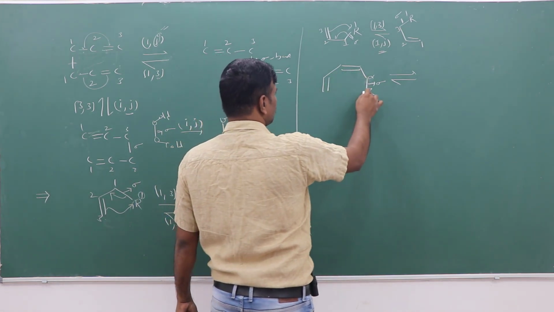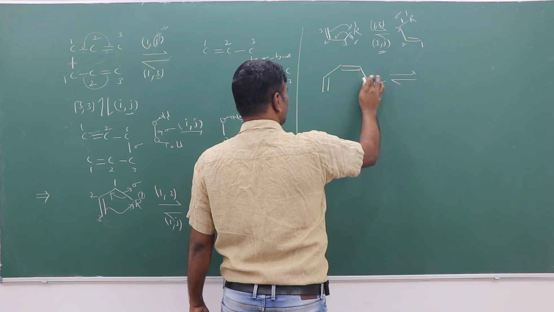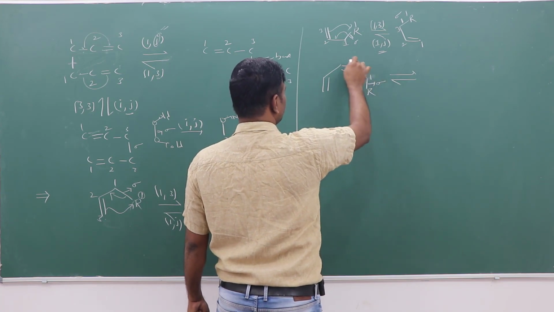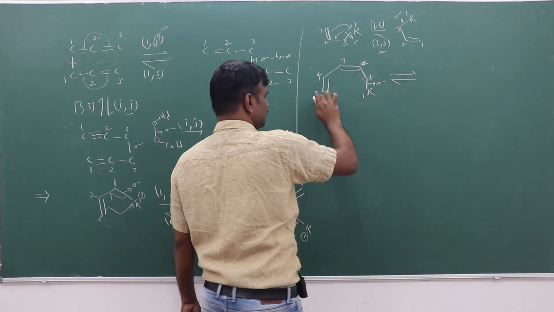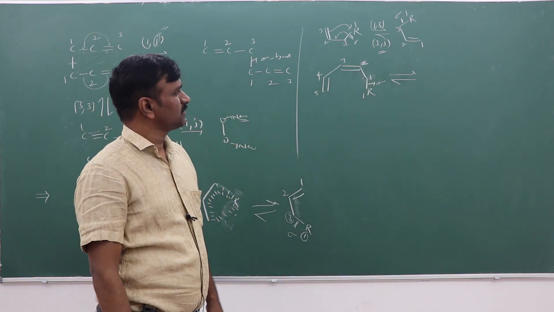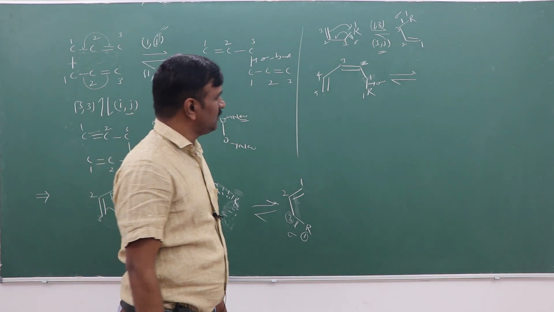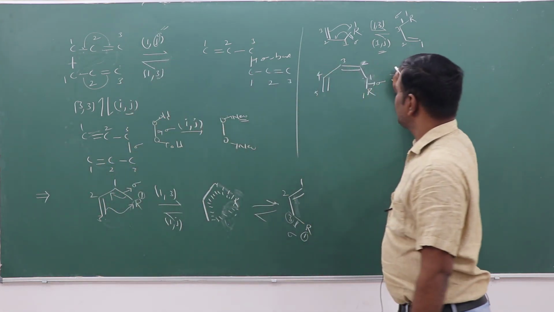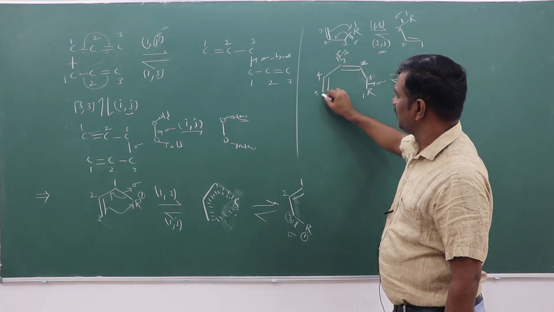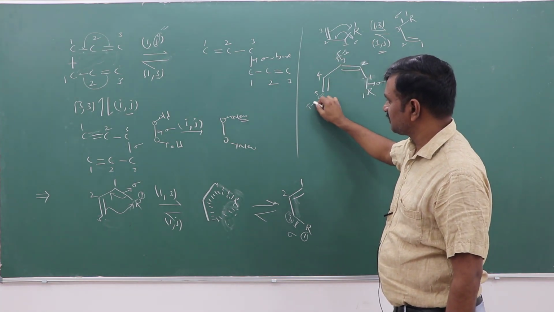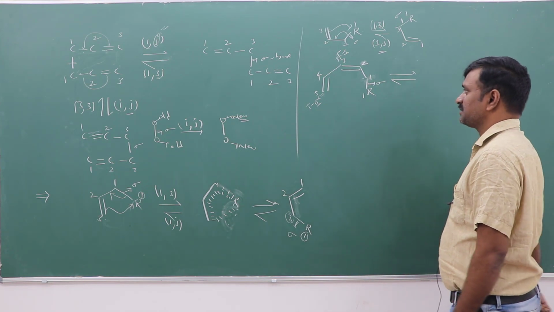So both ends get the 1-1 numbering for the migrating sigma bond, continuing till the end of the unsaturation. Here the unsaturation ends. There are two termini: termini 1 here, and termini 2 here, at positions 3 and 5.